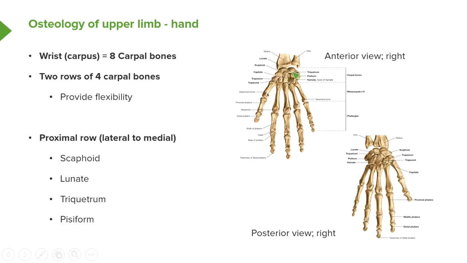So here we've got the anterior view of the right hand. So this is going to be lateral. We can see here the first digit, the thumb. This is lateral, and this 5th digit is medial here. And this proximal row, from lateral to medial, we have these 4 bones.